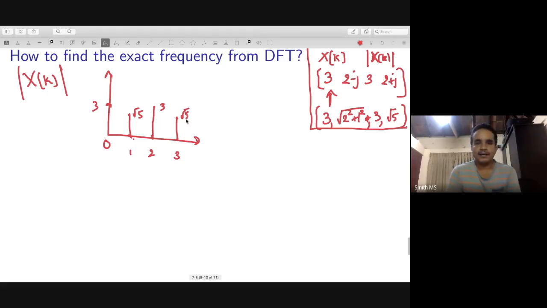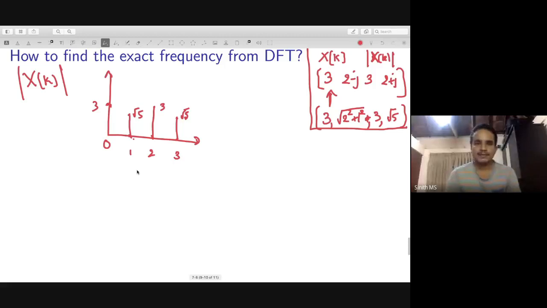If you get a magnitude like this, what do these values represent in terms of frequency? That is another question that arises. This is basically from 0 to 2 pi.